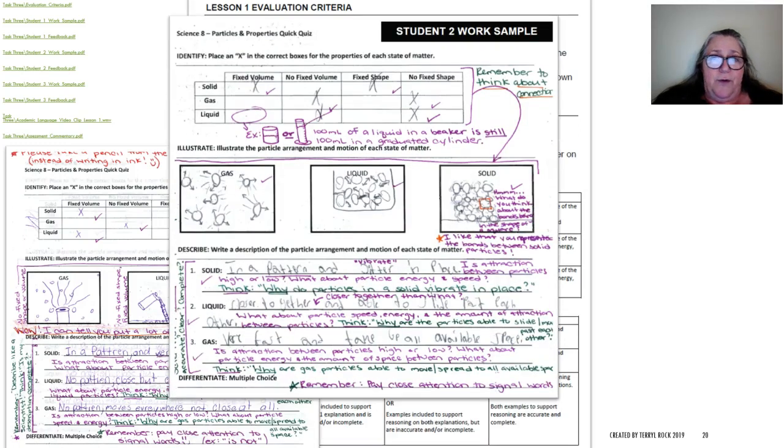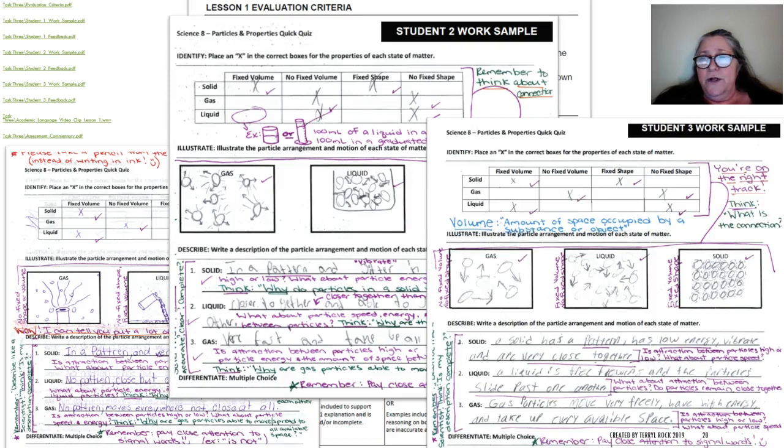Student work sample, student 2 work sample, student 3 work sample. And notice that they've used a different color for their feedback. What that did was make it easier for the scorer to see what's the feedback and what's the student's writing, because otherwise, when it's all the same color, sometimes it's harder to tell what's feedback and what's student response.